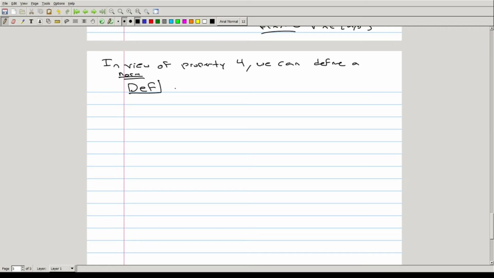And we say that the norm of a vector, or I should say a function, in the space of continuous functions on [a, b] is defined as the norm of f.